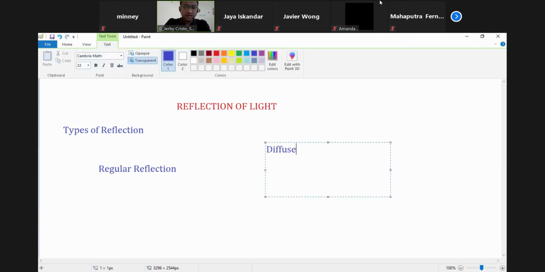Okay, how do you compare the surface in which regular reflection occurs and diffuse reflection occurs? So how do you compare the surface in which light strikes? Is it one smooth and one rough? Yes, one is rough, and which one is rough?